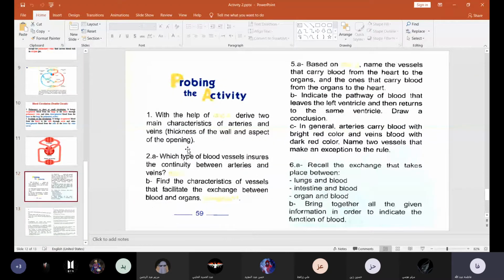Number two: which type of blood vessels ensures the continuity between arteries and veins? What do I have between the arteries and the veins? Aya, can you answer?